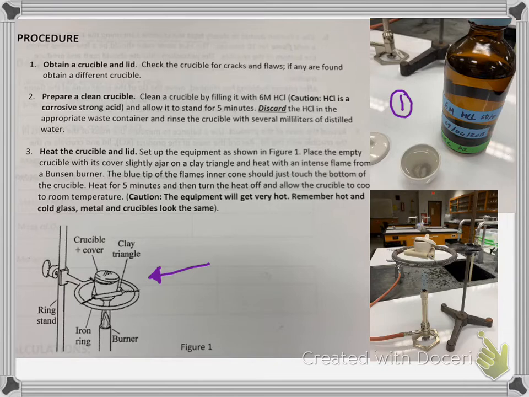After I let it sit there for about 5 minutes and the bubbling had stopped, I discarded the hydrochloric acid, rinsed it well, and then I heated the crucible on the Bunsen burner. There was nothing in the crucible at this time. I was simply trying to make sure that the crucible was clean and ready to use.